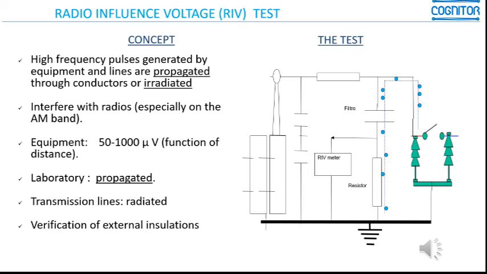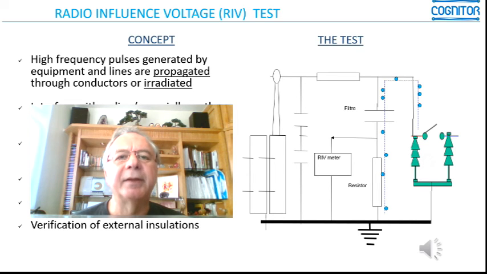Then, as the voltage is higher, a certain amount of high-frequency pulses is created and circulated through the filter and through one resistor near the emission points. The voltage drop in this resistor is measured by one RIV meter, which is basically one voltmeter which will measure a certain level of voltage that will be compared with the values prescribed in the technical standards. Then this is basically the RIV test.